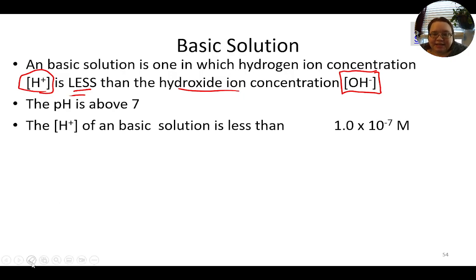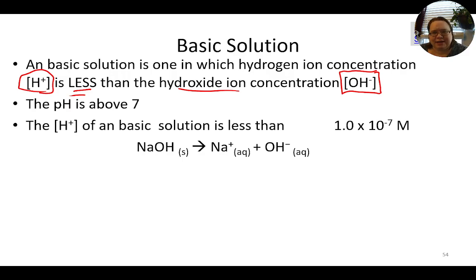So a negative exponent that is considerably more negative. We're talking about -8, -9, on and on and on. We have very small concentrations of H+ because we have large concentrations of OH-. So this is an example of a strong base. It is a substance that when I put it in water, it's going to completely separate into its ions.